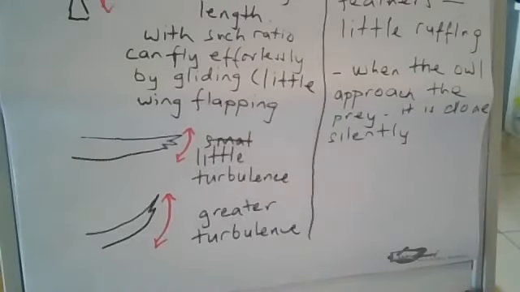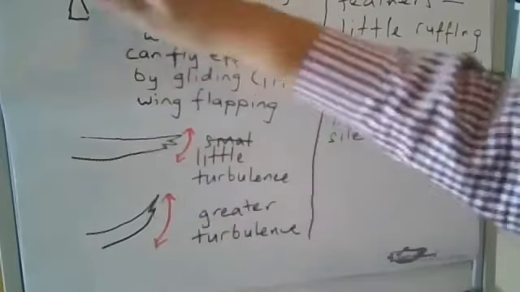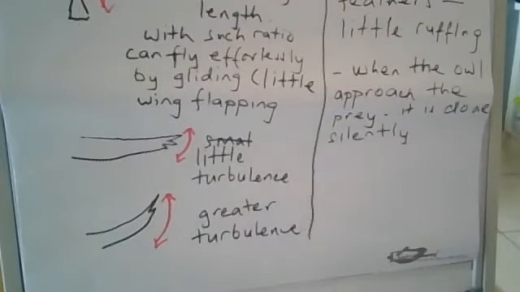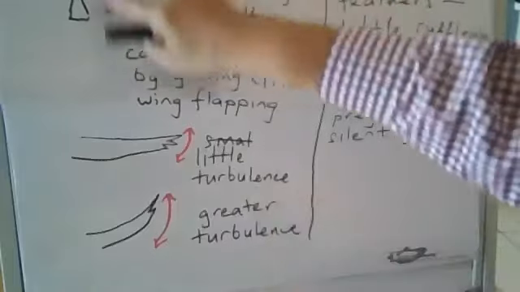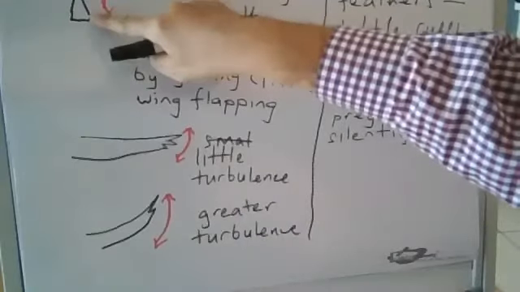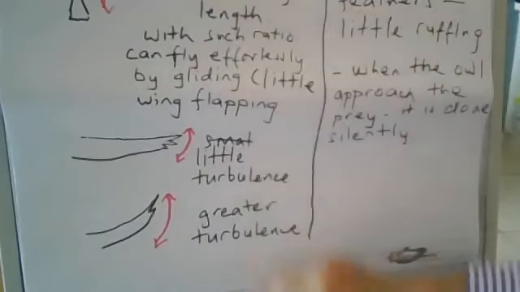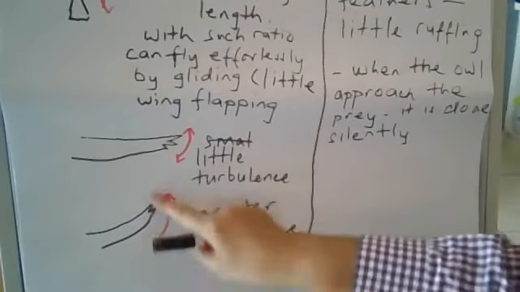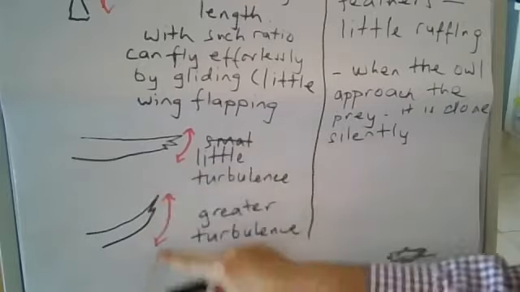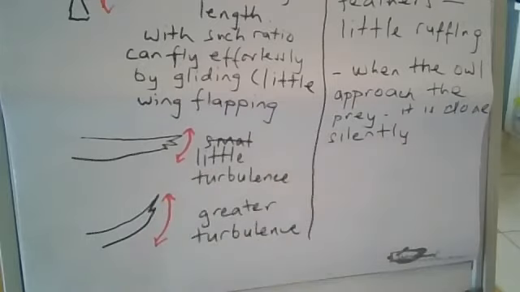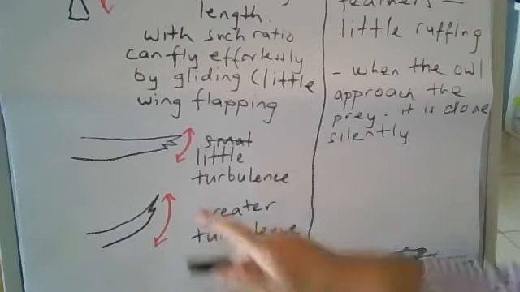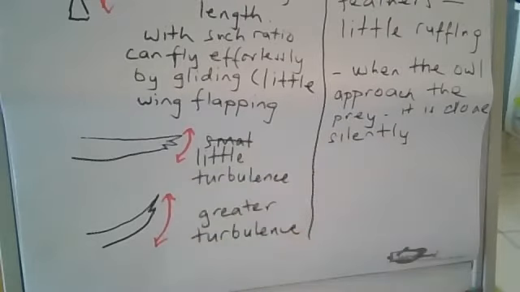In comparison to a bird with a very short wingspan relative to the length of the body, the ratio is small. Therefore, the wing will have to flap harder and more frequently, faster, thereby creating a lot of turbulence.